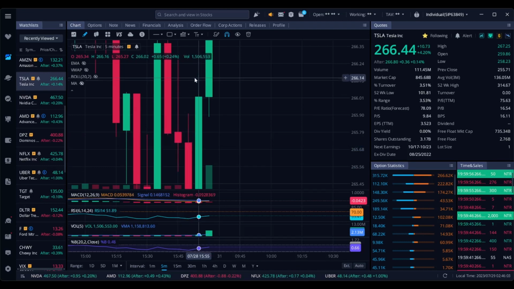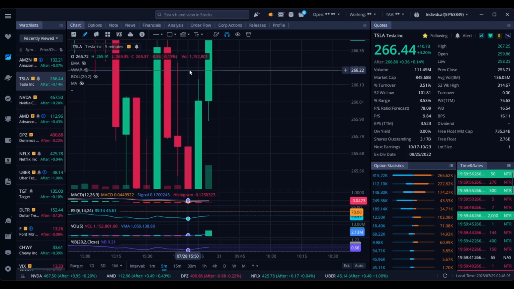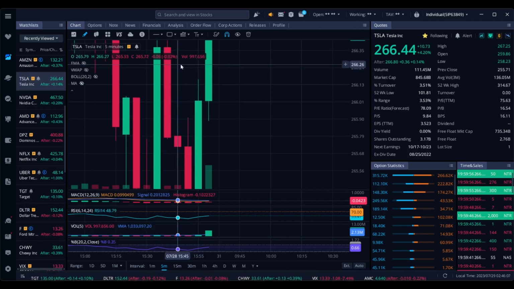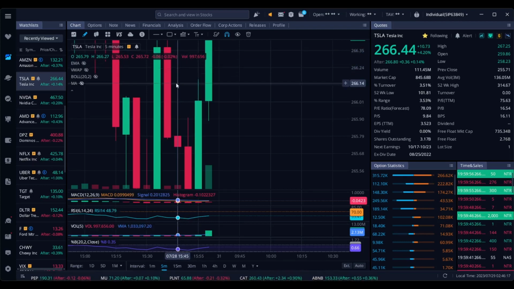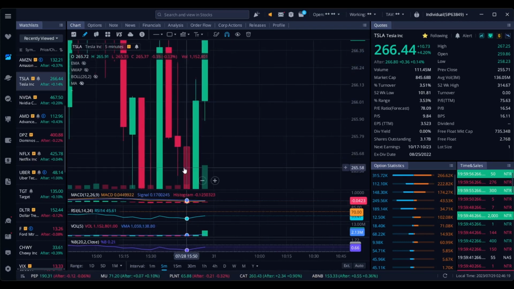So what you would be looking for, if you're getting puts, is to buy your contracts right here, somewhere at the top of this wick. If this was your entry, you would try to buy right here and sell somewhere down here.